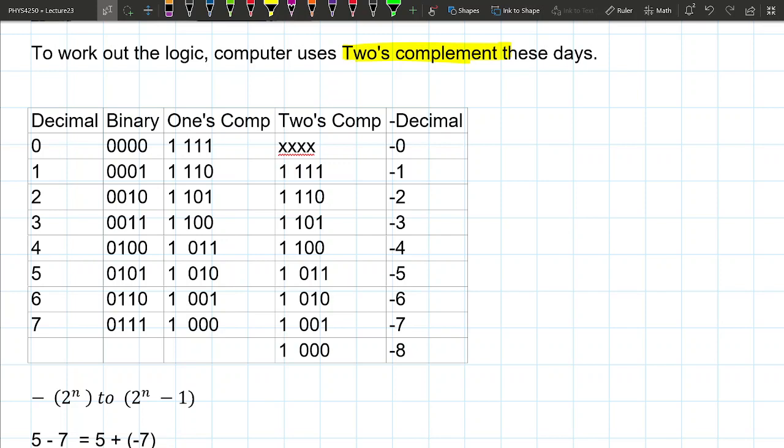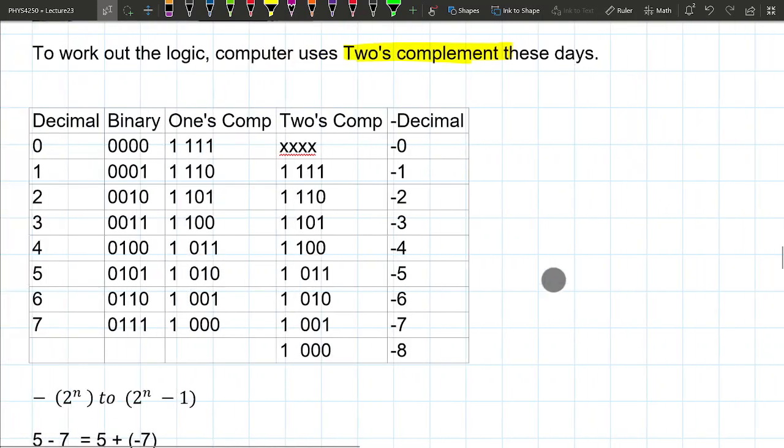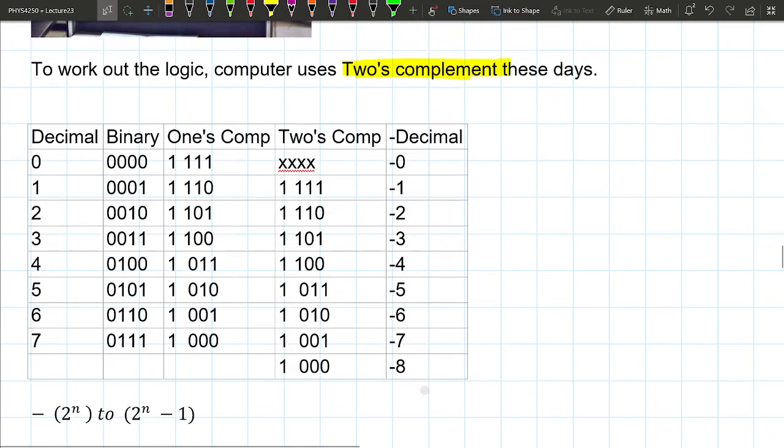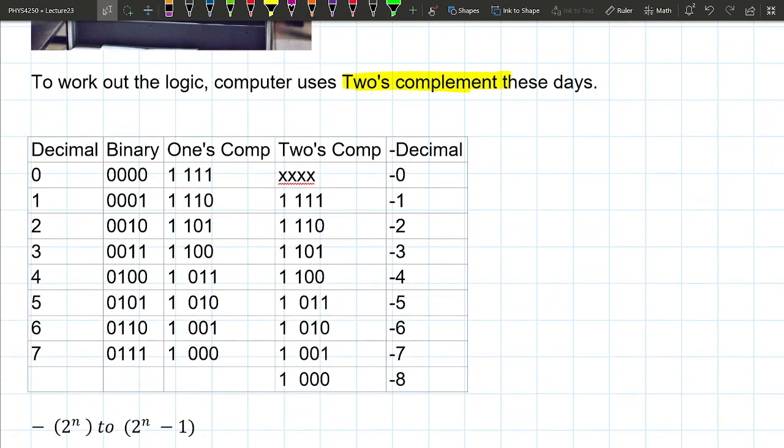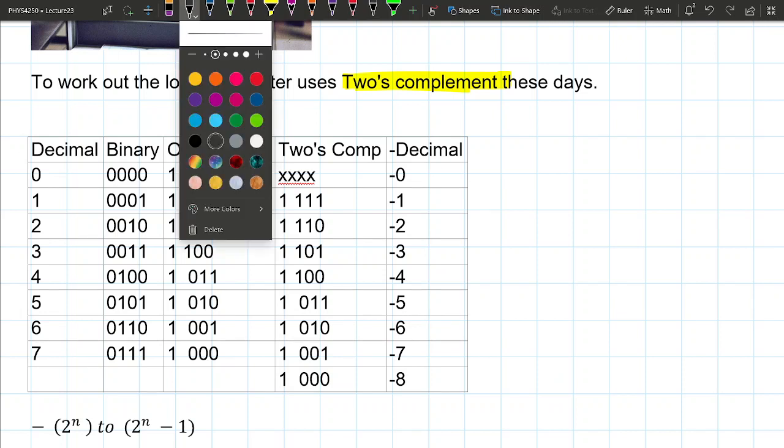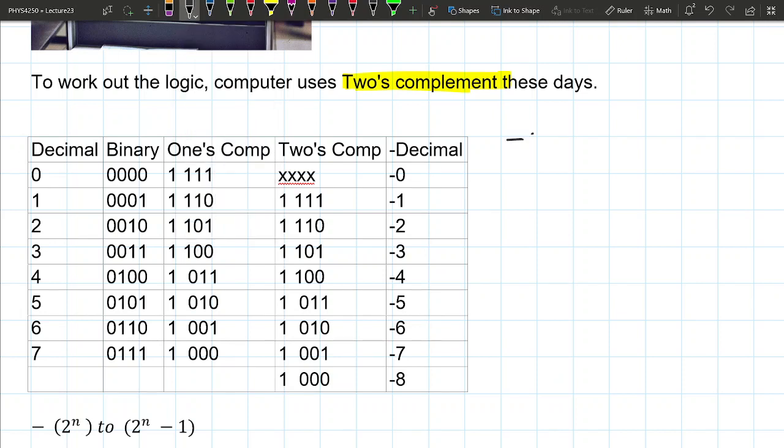So the method to deal with this, let's do some examples, because this is sometimes confusing. Say I want to represent -5. The first thing I do is write +5, which is 0101.